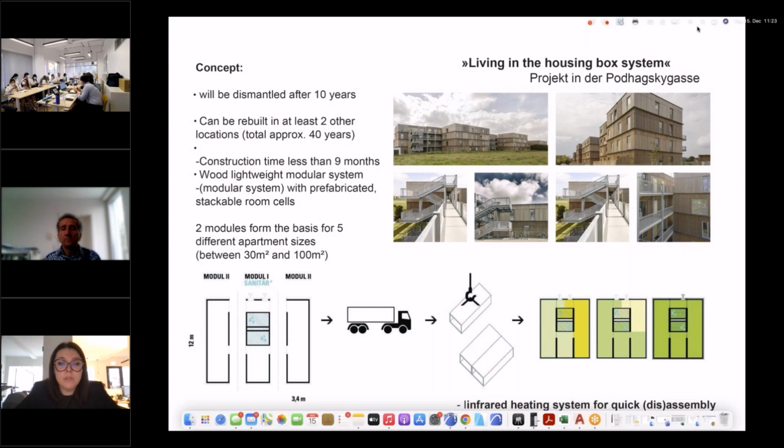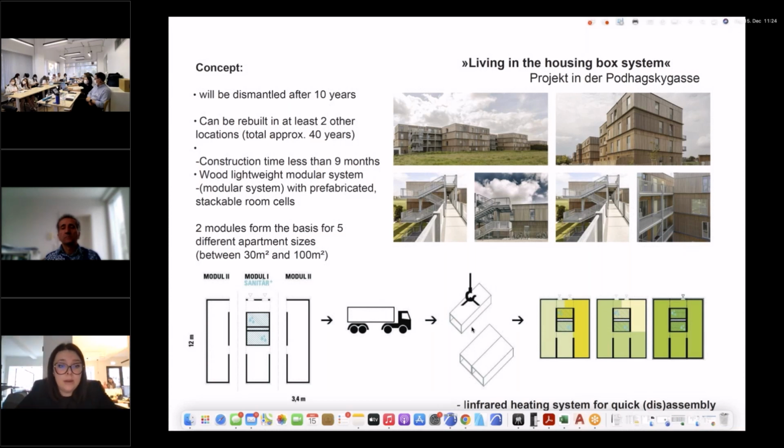The construction time is also less than 9 months. It's built out of a lightweight wood modular system, which is prefabricated, stackable room cells. You have two modules. You can see this also below in the pictures.